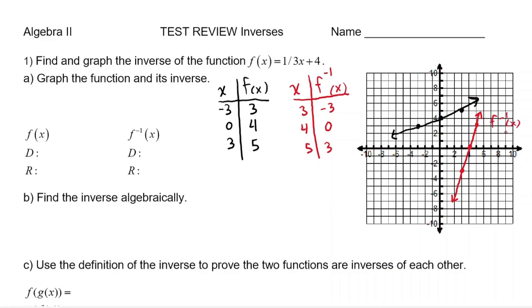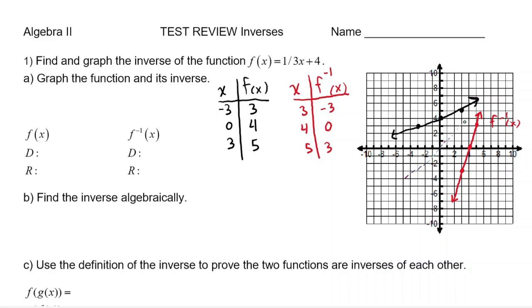All right, well, what's happening is that we have some symmetry. Because we reverse the x and y coordinates, we have graphs that are symmetric to the line y equals x.